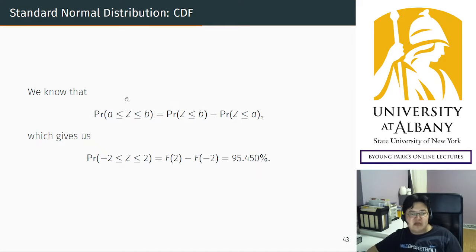The probability between A and B can be calculated as their difference. In our case, we are considering plus minus 2, so you can calculate the probability smaller than 2 minus the probability smaller than minus 2, which is 95.450%.